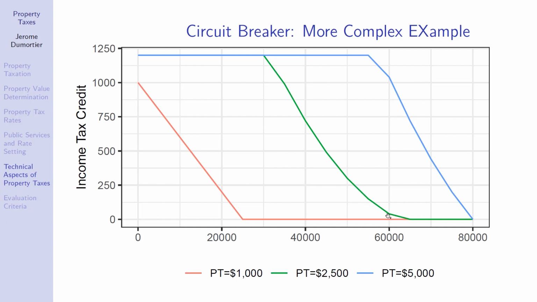You would get a little bit of a tax credit when your property tax is $2,500, but you would get a lot of credit if your property tax bill was $5,000. And so here you can see how the tax credit would vary by income.